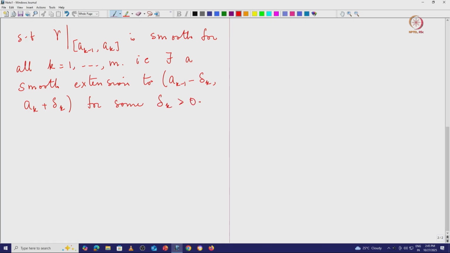Okay. So then we define the one sided velocity vectors at these potentially non smooth points by just taking the limit.